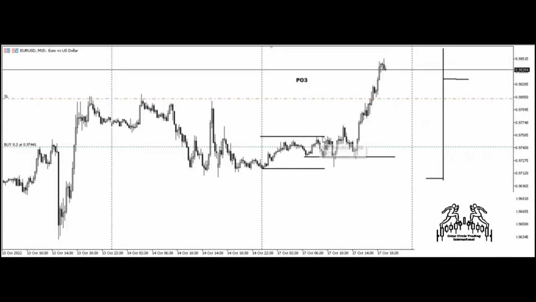Now coming back to this particular trade, I was anticipating that the market will take out this low, the previous day low. I was expecting it because I had my sell limit here, but I saw that price wasn't willing to come down to this low because of this pin bar.